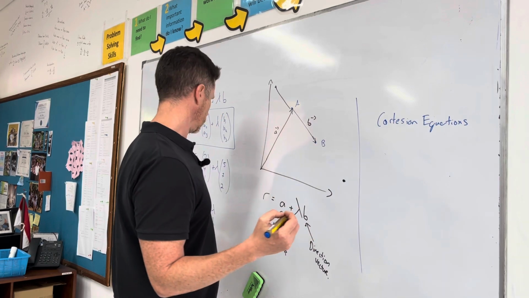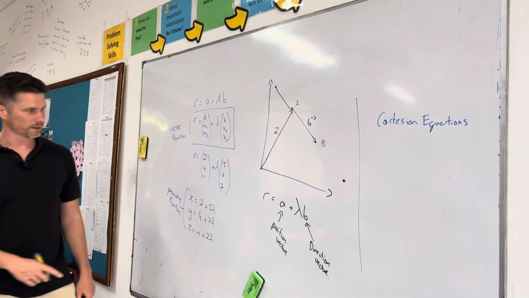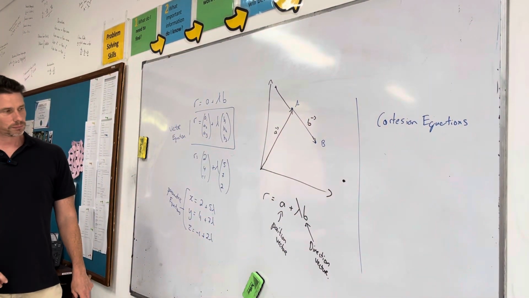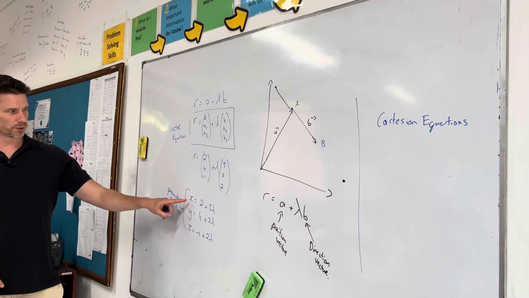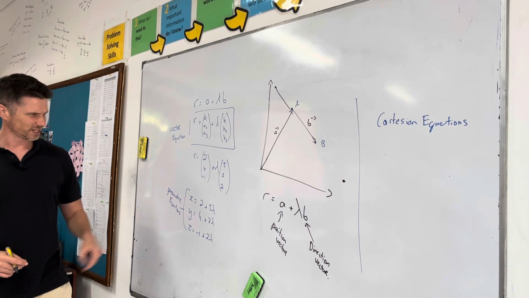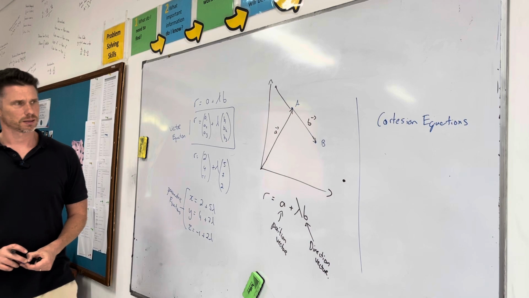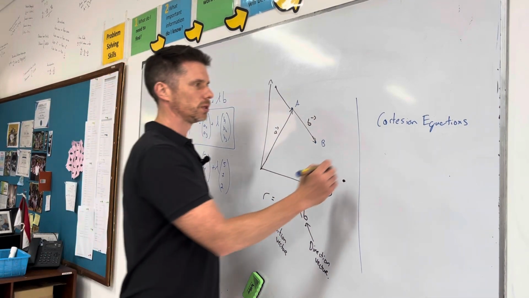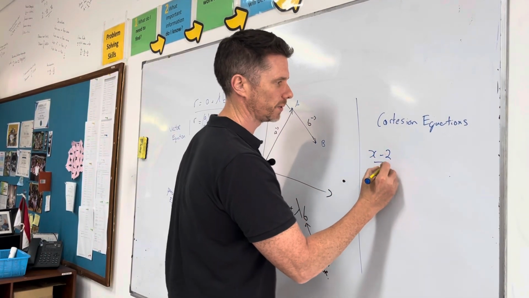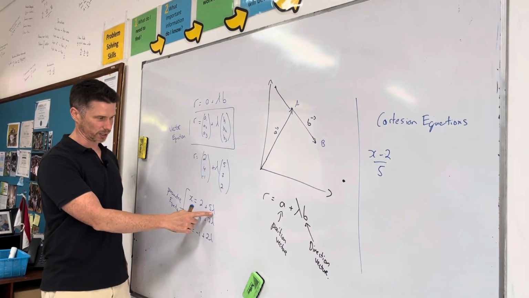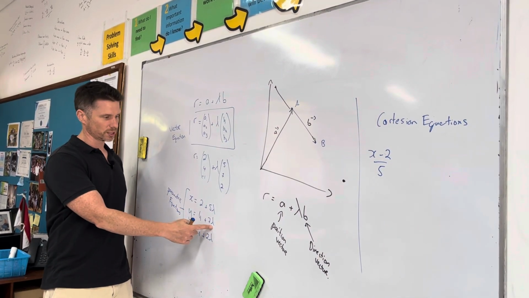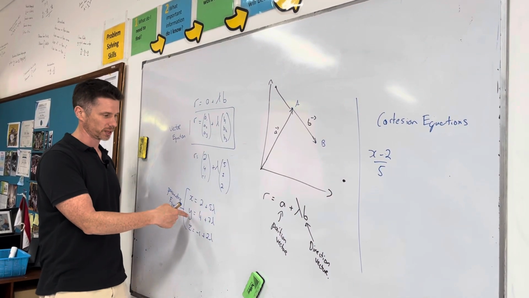Maybe we'll do it for this case. What would we write first? x minus 2 over 5. We rearrange the first one so lambda equals that, rearrange the second one so lambda equals that, and now I can equate these two.